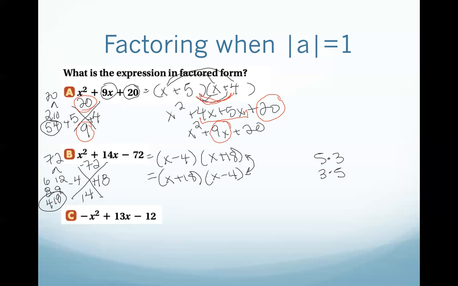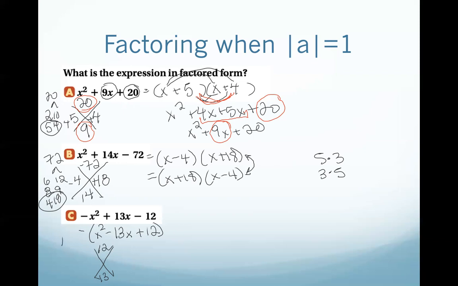On part C, this time we have a leading negative. So instead of factoring straight from our diamond, what we want to do first is get rid of that negative. So we're going to take out that negative, and then we have x squared minus 13x plus 12. From here, we'll use our x method, two numbers that add to negative 13 and multiply to 12. Now, because they add to a negative number, that tells me that both numbers are going to be negative.